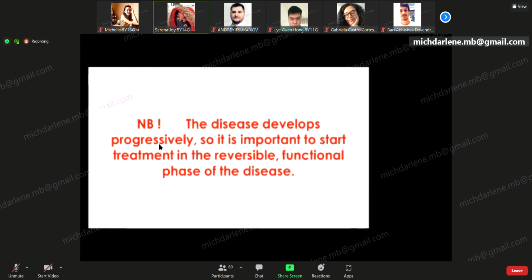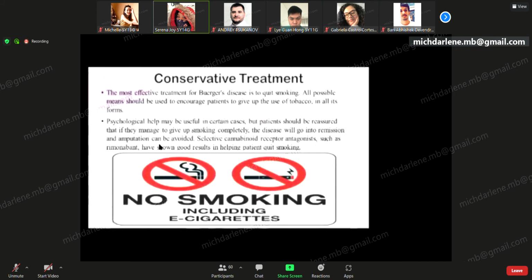The disease develops progressively, so it's important to start treatment in the reversible functional phase of the disease. Conservative treatment. The most effective treatment for Buerger disease is to quit smoking.